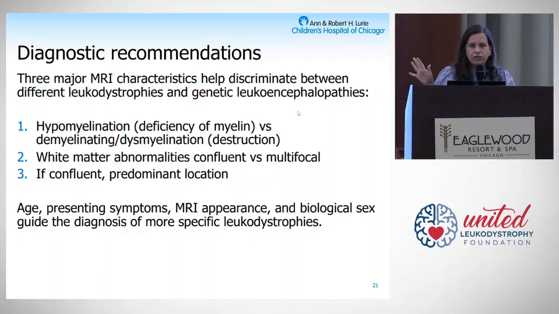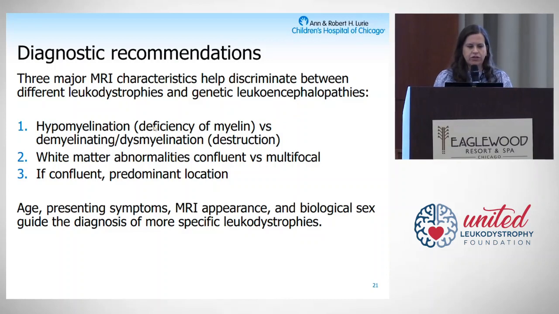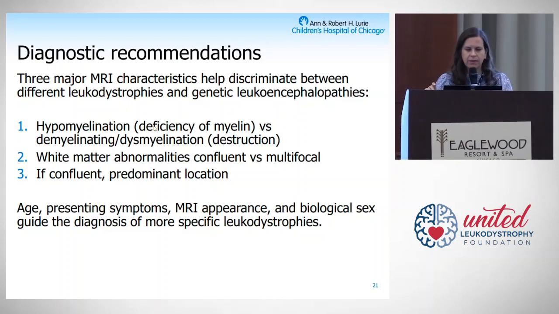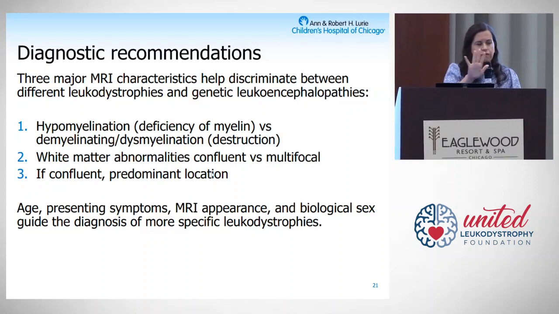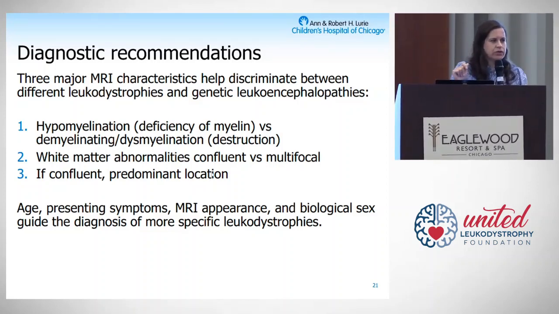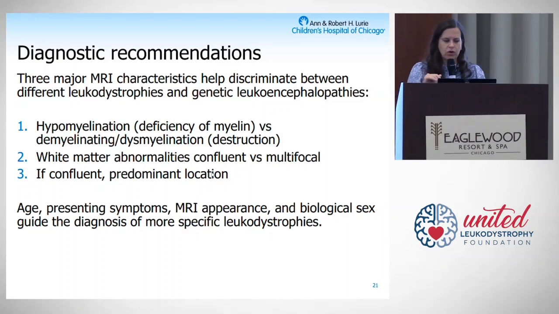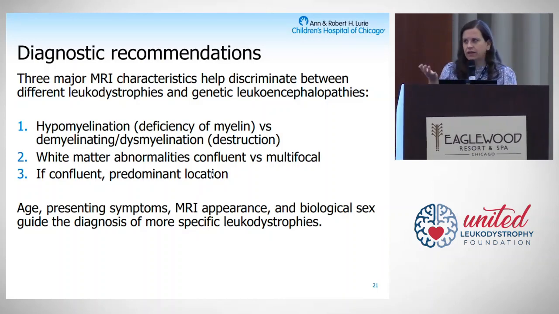So some of the imaging characteristics can help us differentiate hypomyelinating versus the dysmyelinating leukodystrophies. If the white matter abnormalities are confluent, that's more suggestive of a leukodystrophy versus multifocal. And then, like I said, if it's confluent, the predominant location: the front, the back, around the ventricles.